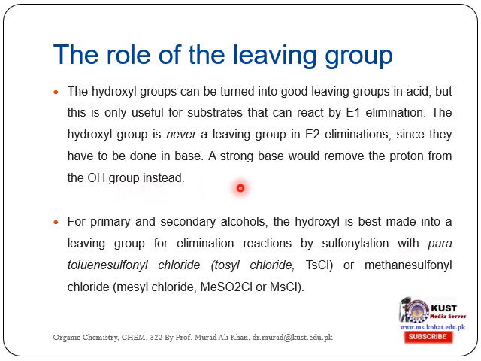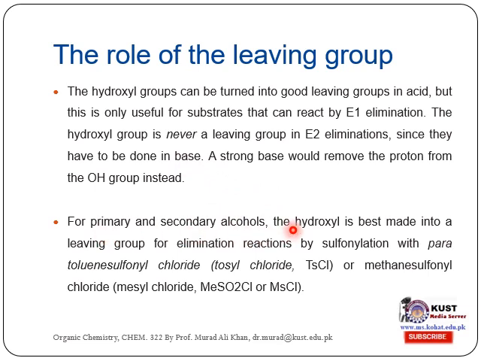The hydroxyl group can be a good leaving group in E1 elimination, but in the E2 elimination reaction it cannot be a leaving group. The reason is that in the E2 reaction we use a strong base, and the strong base can remove the hydrogen, the proton, from the hydroxyl group instead.